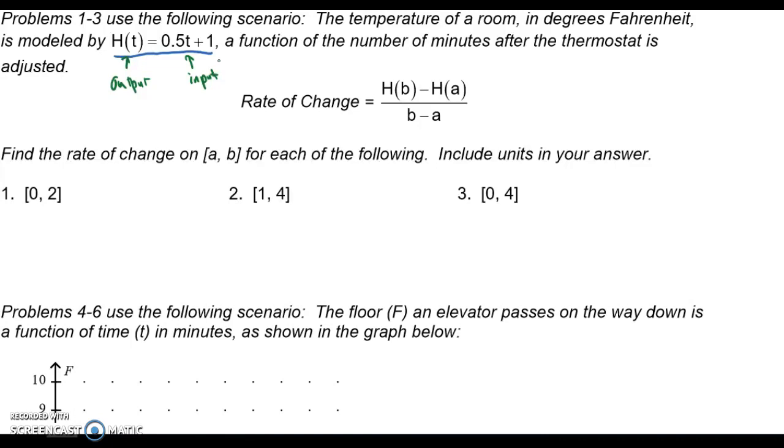We have a formula for the average rate of change, and it will eventually look familiar in that it's just slope. But if you notice the formula, we have h of b minus h of a. Both of those represent output values. So this is my change in output. And it doesn't look like it, but the b and the a values are actually values of t, the values of the input. So in the denominator here, we have the change in input.